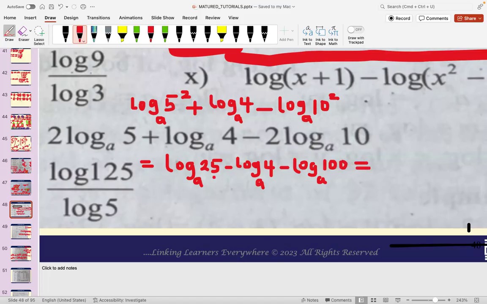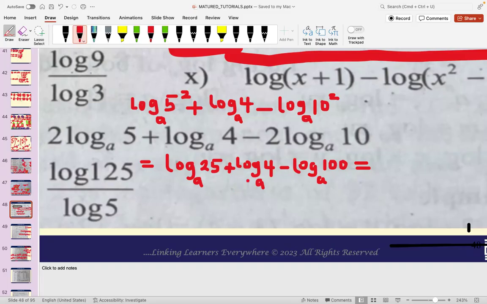So we are back to business now. There is no number at the back of all the logs. Is it log 25 plus log 4? All right, thank you. So 25 plus 4. Right, thank you for correcting the typo.